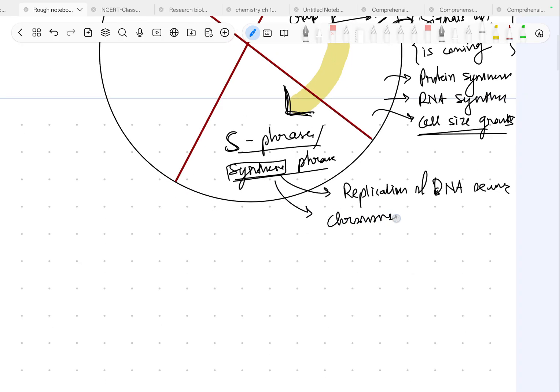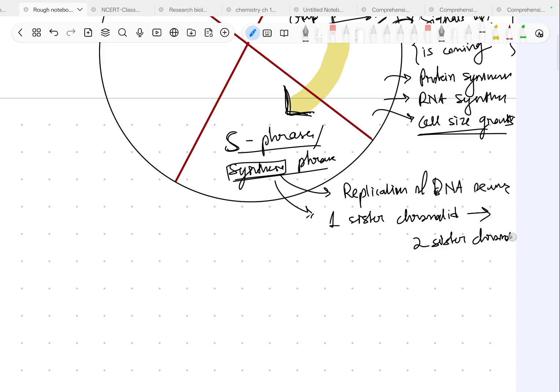One chromosome is converted into two sister chromatids.